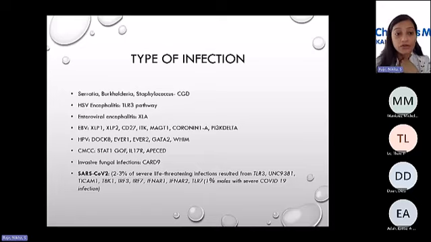CARD9 is known to cause invasive fungal infections. And then with SARS-CoV-2 infection, we know that about 2 to 3% of severe life-threatening infections have resulted from various IEIs that have defects in defense against the viral infections that are noted here.